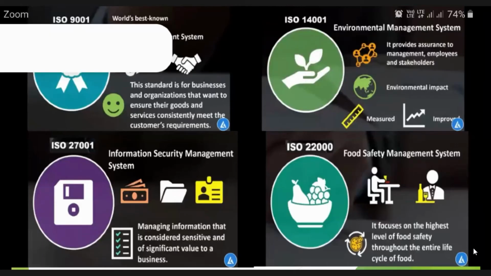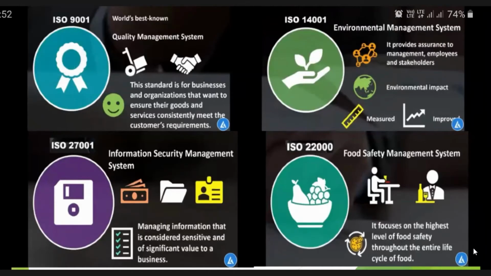Now there are some standards like ISO 9001, the world's best known quality management system. This standard is for businesses and organizations that want to ensure their goods and services consistently meet customer requirements. ISO 14001, environmental management system. It provides assurance to management, employees and stakeholders that measures improve the environmental impact of their organization.